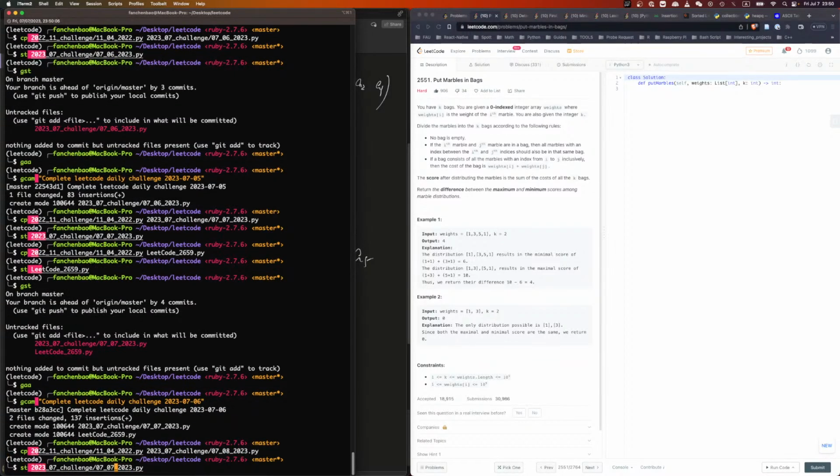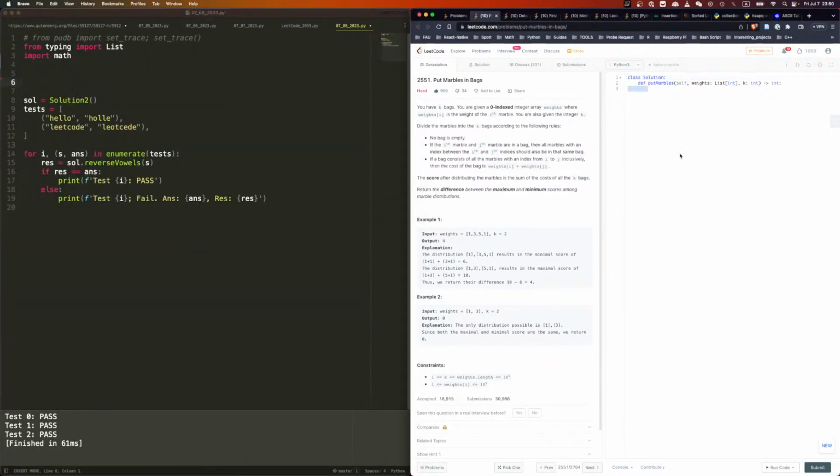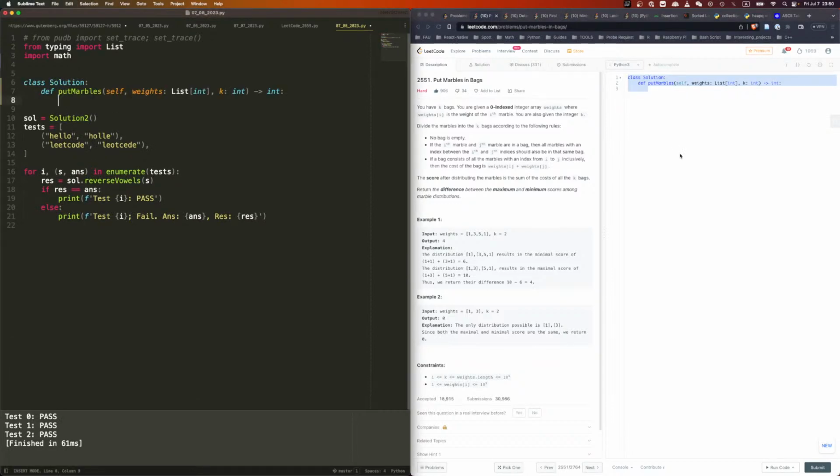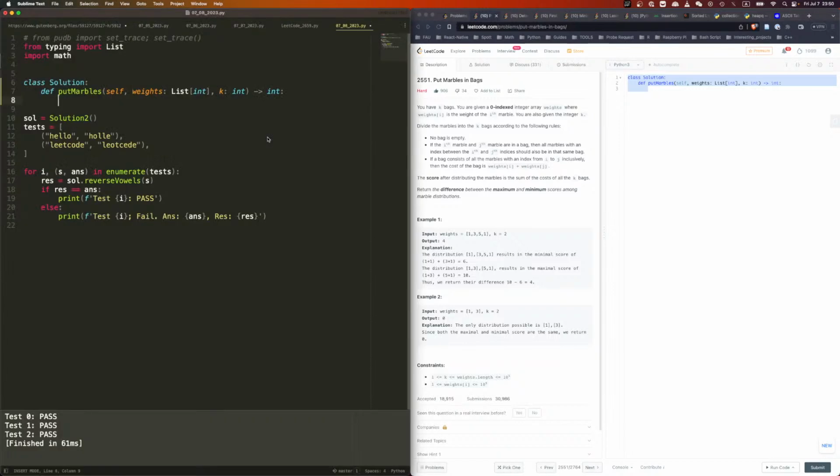Another observation. I'm not sure, I think I probably solved this last time by myself as well. Not 100% sure, but it doesn't matter. So what we need to do is just get the consecutive pair sums.